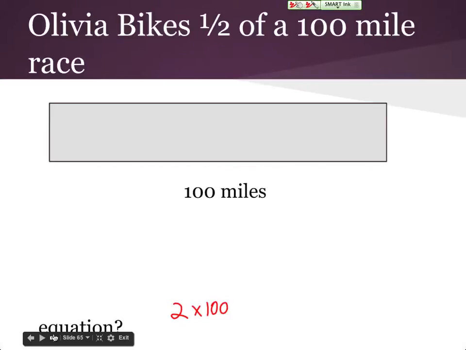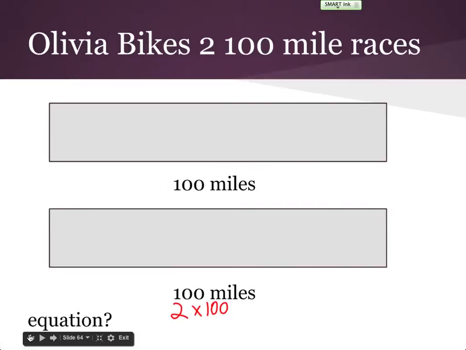I cannot hear you. How much did she travel? How many races did she do? Vivian? Wait, if she did a half, wouldn't it be 5? No, it would be what? 50. Okay, let's do this one more time.